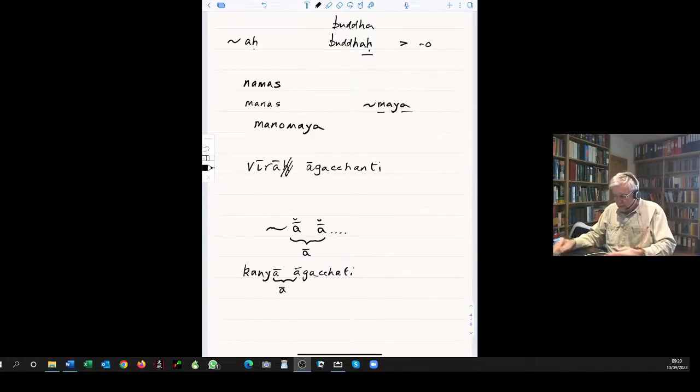Now this word ends in an a, and agachanti begins in an a. Do they merge? No, they do not, because you only ever apply sandhi once. You apply sandhi once, virah agachanti, drop the visarga, vira agachanti, and leave it as it is.